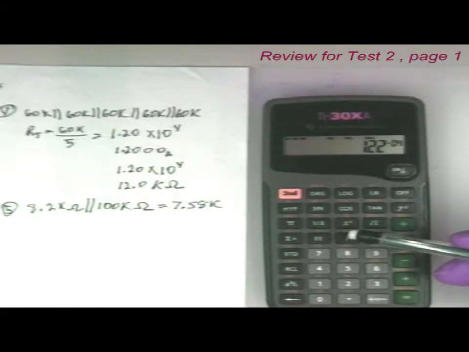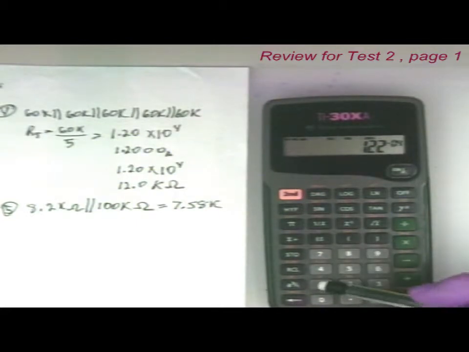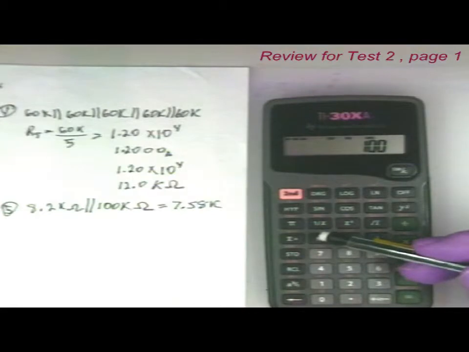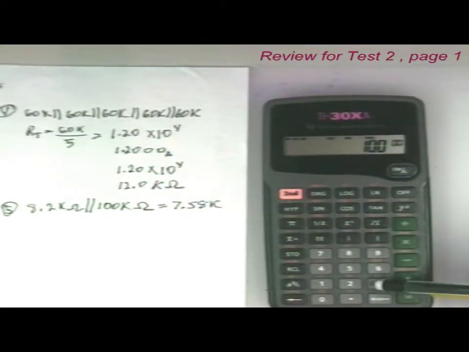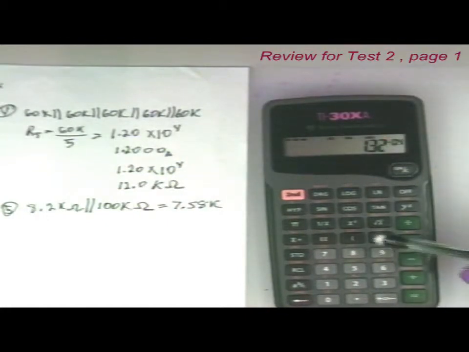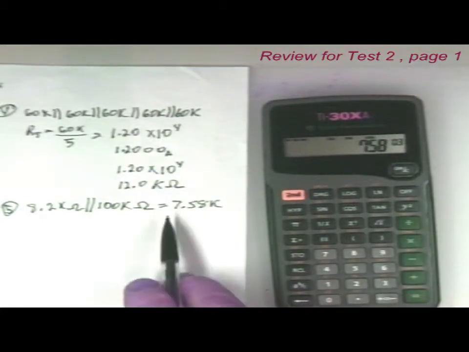I'm using a reciprocal formula. Okay, plus 100k ohm resistor, that's 100 double E 3 reciprocal equals, then reciprocal again, 7.5 k ohms, and that's what we got before.